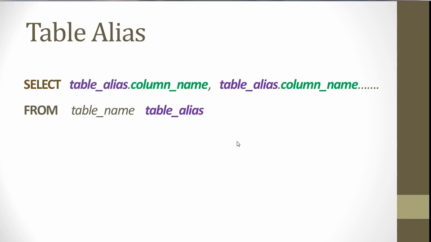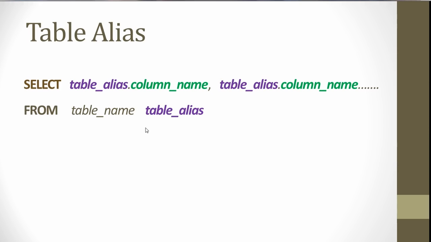Now the table alias. Here we have the from, table name, and then we have an alias here. Each column can be prefixed by the table alias followed by a dot. There are no spaces here, if you notice. So it's table alias, dot, and then the column name. You can do this for every single column in the select statement.